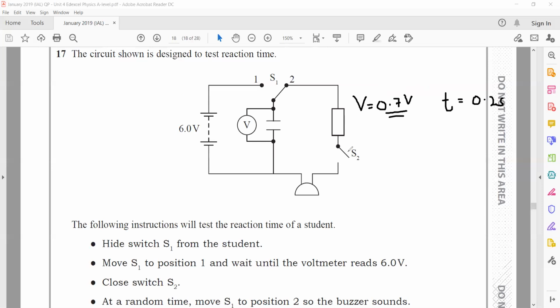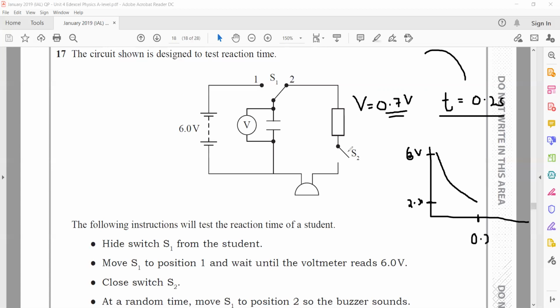So what I want is for it to be the same as the time constant. The original voltage is 6 volts. At the time constant, the voltage is about 37% of the original value, which is 2.2 volts. So I want this to discharge when the reaction time approximately matches with the time constant.